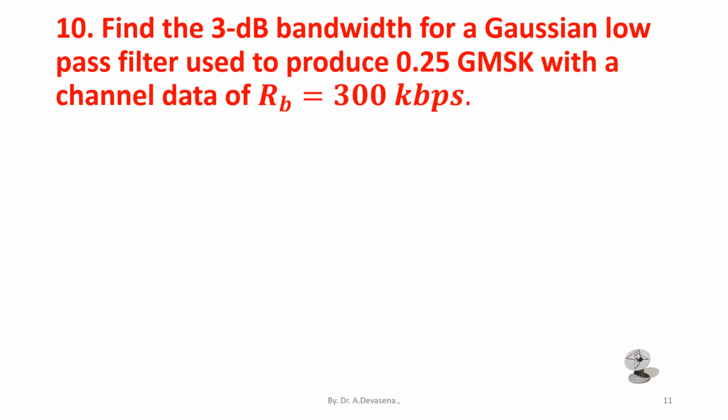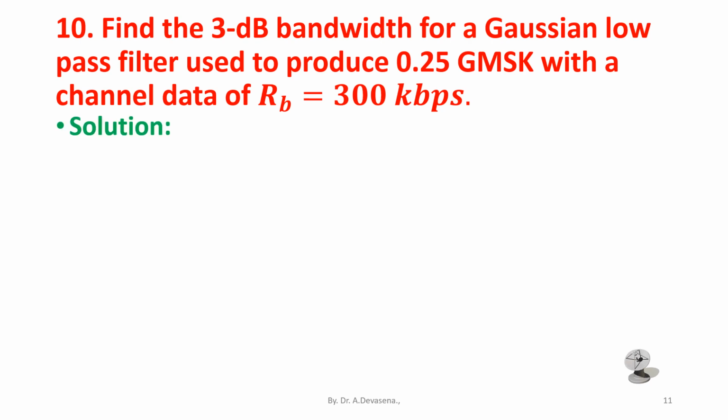Problem number 10. Find the 3 dB bandwidth for a Gaussian low-pass filter used to produce 0.25 GMSK with a channel data rate of capital R suffix B is equal to 300 kbps.